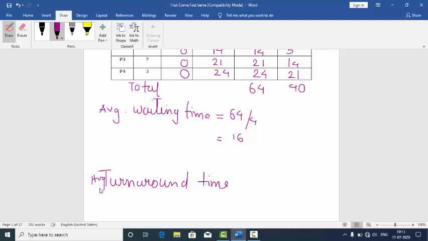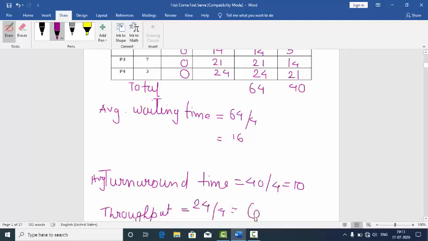Average turnaround time is again total divided by number of processes, which is how much? 10. And what is the throughput? Throughput is what? Completion time, that is, which is the completion time? 24 divided by 4, that is how much? 6. So this is the calculation you have to do.